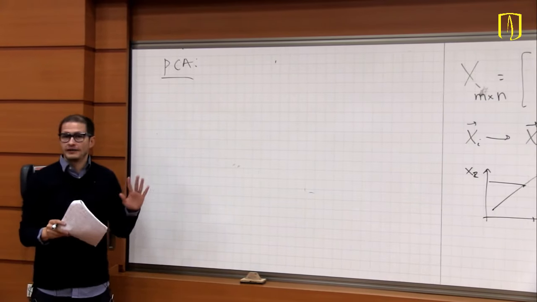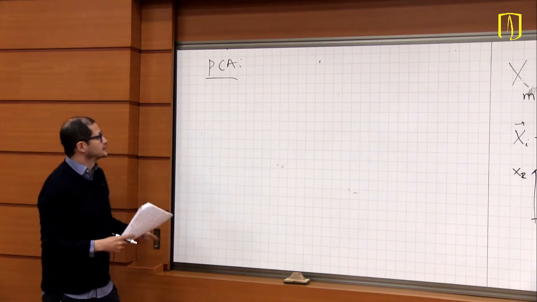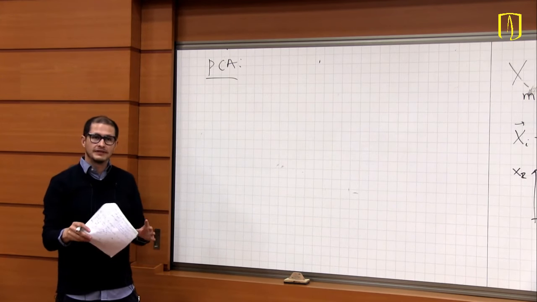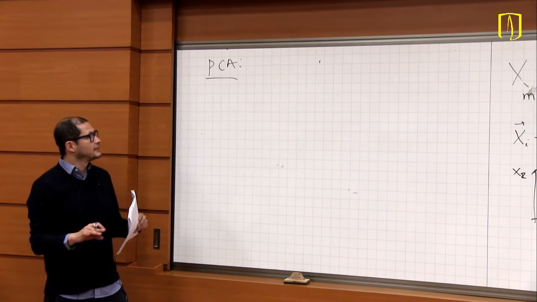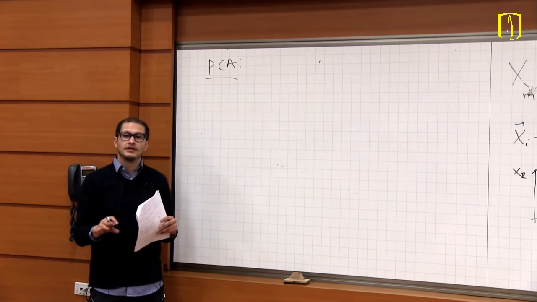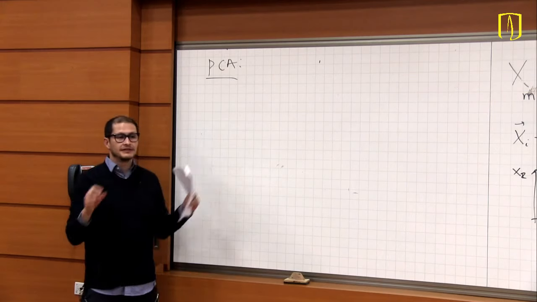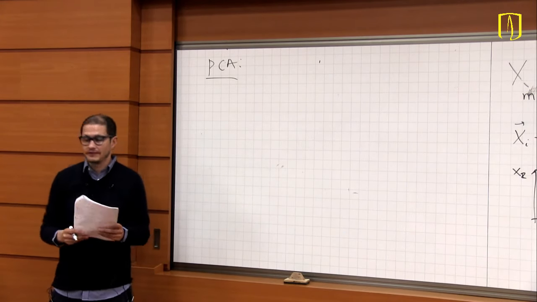I'm going to give you one based on linear algebra, which I think is the simplest, the one that brings the least amount of ideas. And then I'm going to explain two other ways of thinking about PCA that are not this initial version that I'm going to describe in detail.